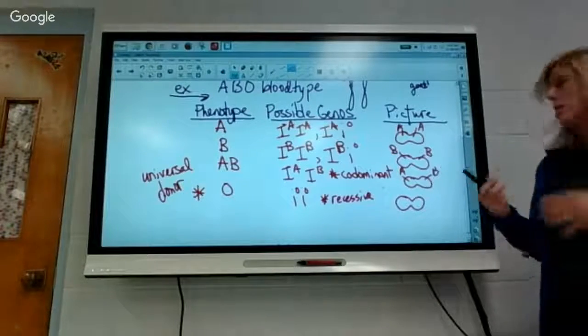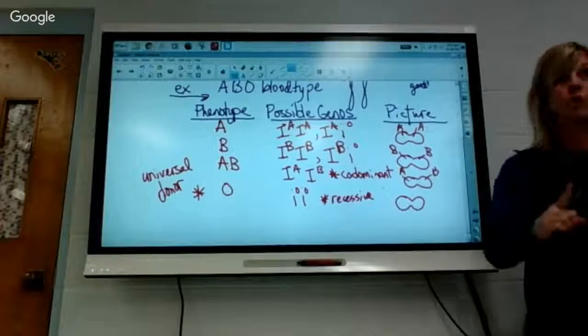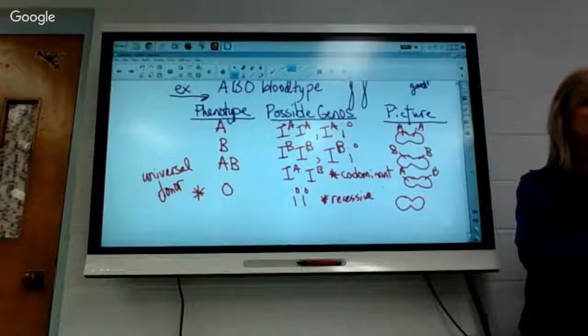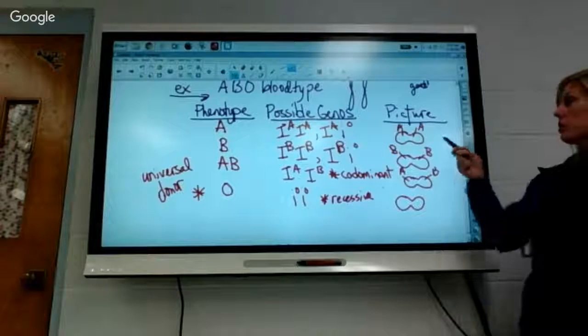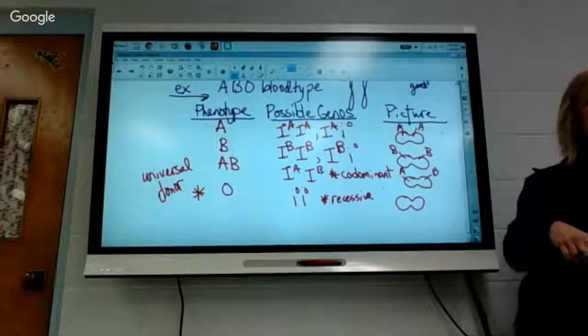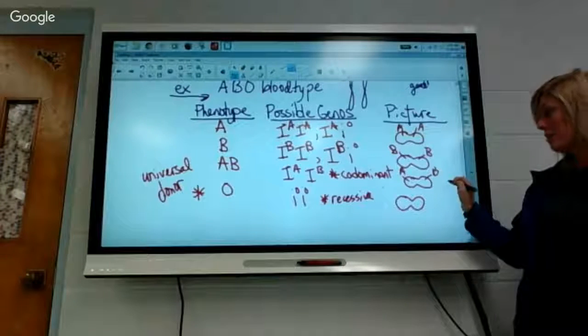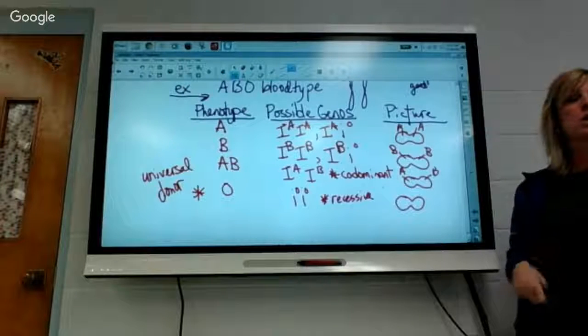Well, there's nothing there. Who do you think up here is the universal acceptor? Who can get all of these blood types? AB. You're exactly right. Because it's got both markers, it's good with getting A, B, O, and AB. So while this is a rare blood type, there are more options for them to get blood, which is kind of cool.